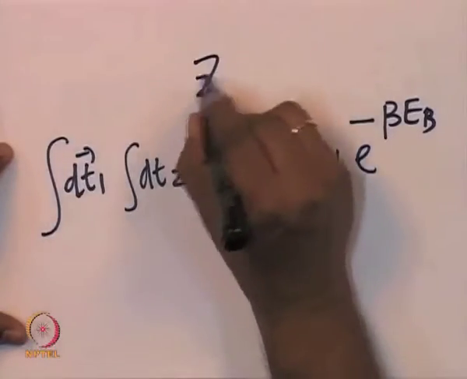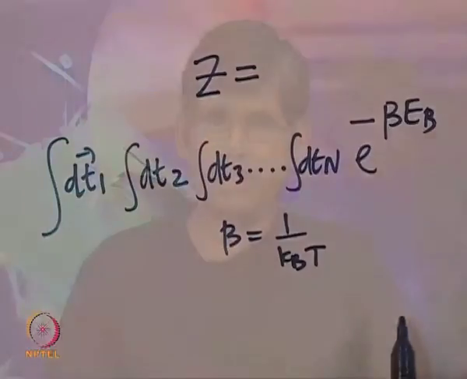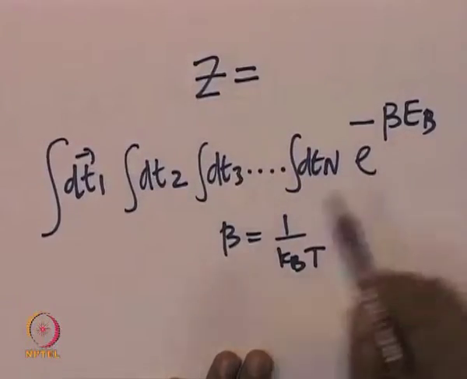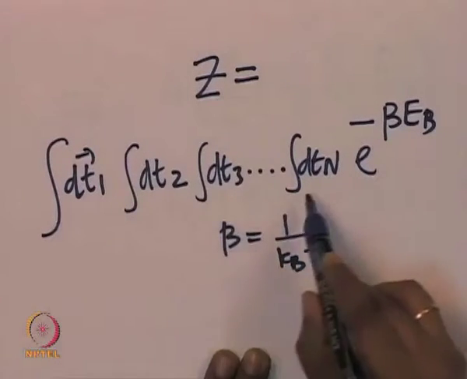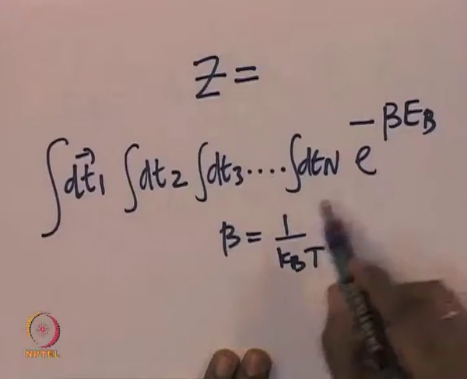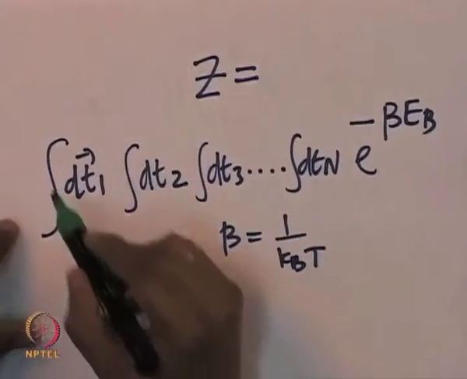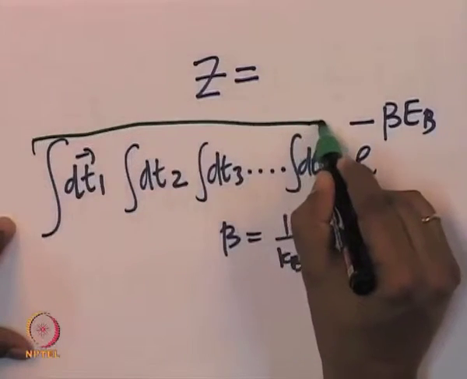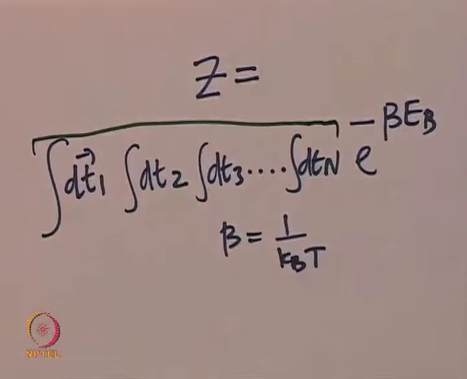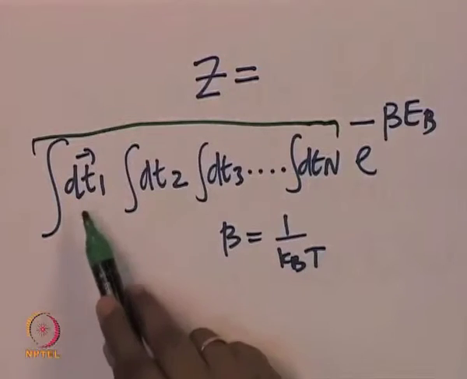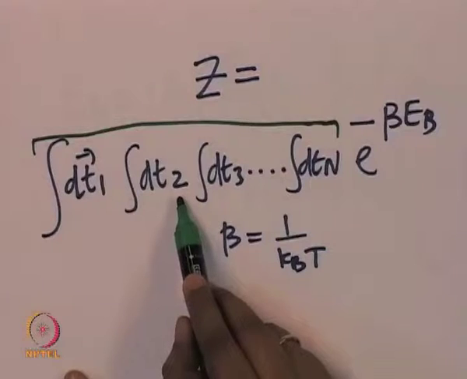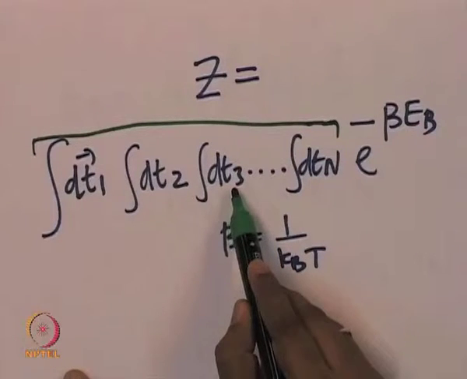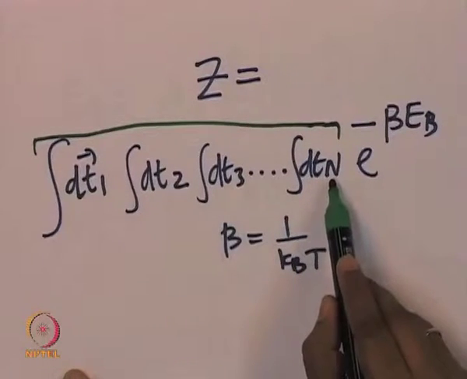This is the partition function Z for the double stranded DNA, which has an energy E_b, and it is given by this formula, the integral dT1 and so on. These integrals mean that we sum over all possible conformations of e to the power minus beta E. The first tangent can have all orientations, the second tangent can have all orientations, the third tangent can have all orientations, and the nth tangent can have all orientations.